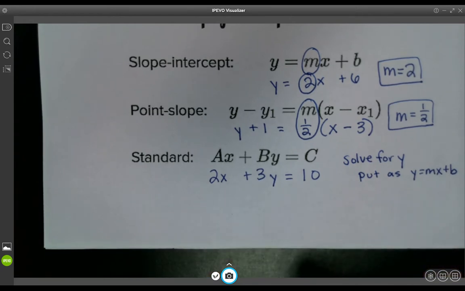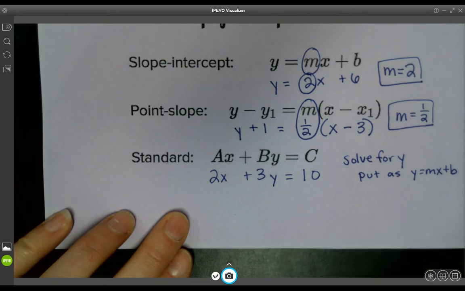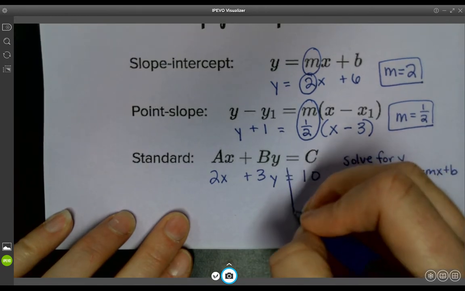So I'm going to show you this way, and then I'm going to show you a shortcut that you can use. If it's written like this, we're going to solve for y to get it to say y equals mx plus b, and then just tell what m is.